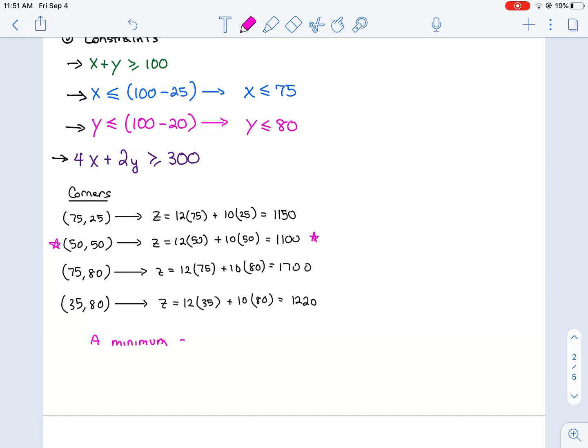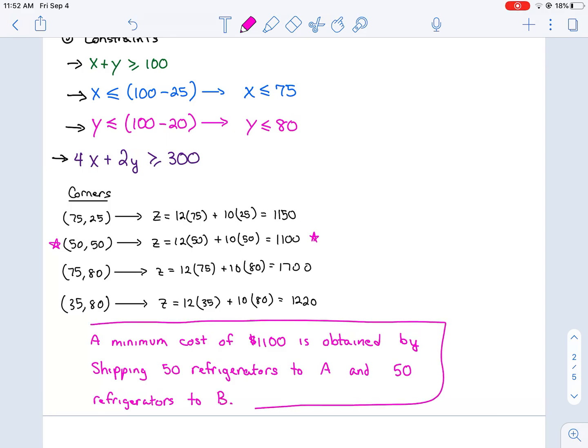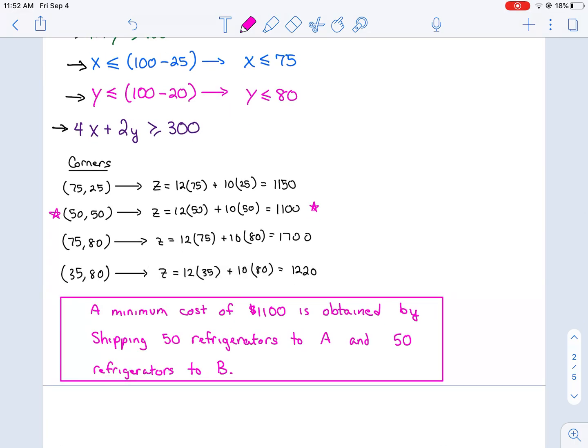A minimum cost of $1,100 is obtained by shipping 50 refrigerators to A and 50 refrigerators to B. And we are done.